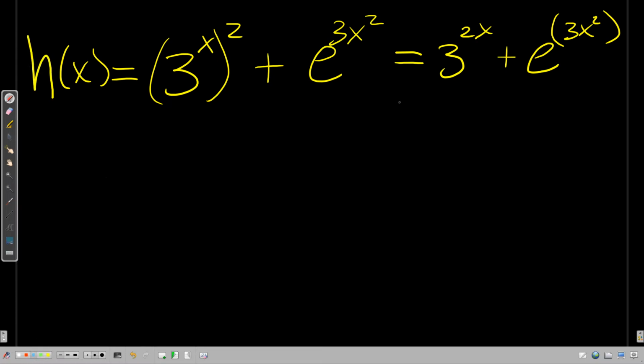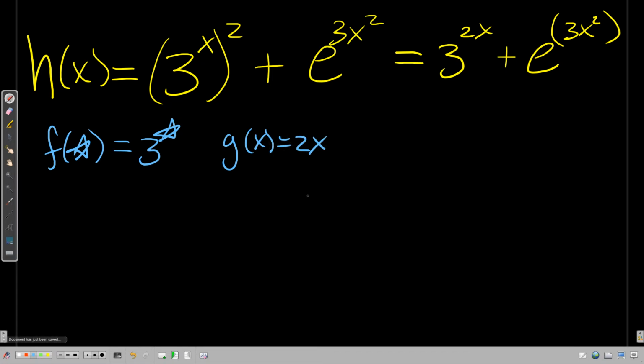Okay. Now I want to just explicitly write out what my f would be. F of star is going to be 3 to the star. G of x is just 2x. That only will apply to this one here.